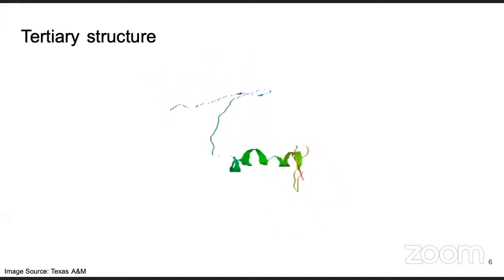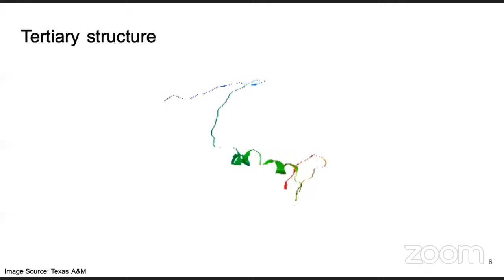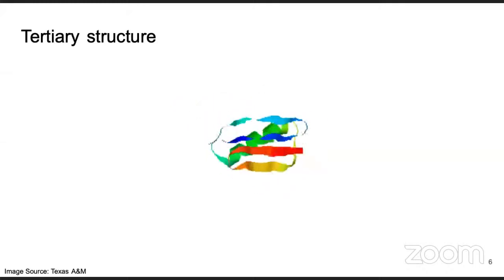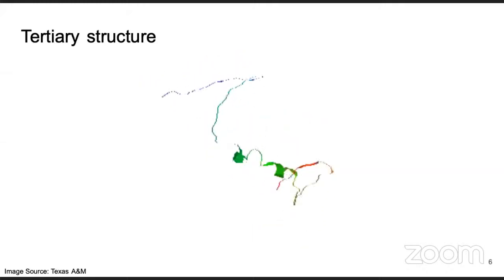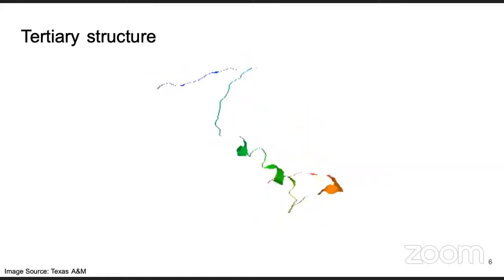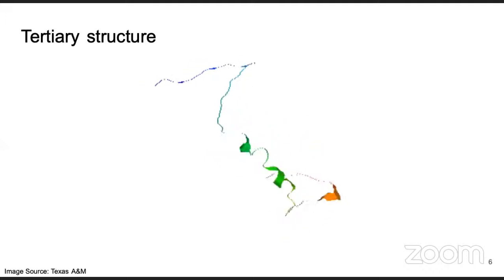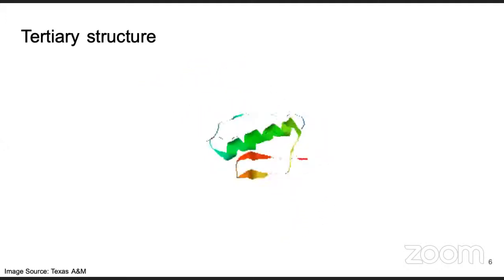The problem with that is that it might work in 1% of the cases, or maybe 2% of the cases. But underlying the principle of homology is that proteins that share similar sequences will end up producing the same three-dimensional structure.